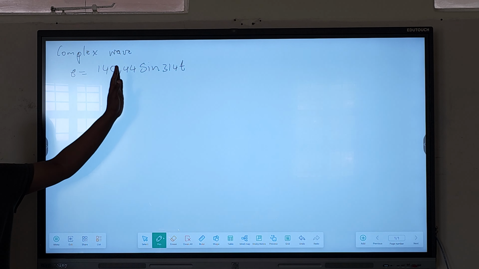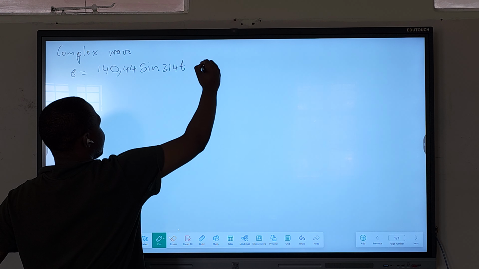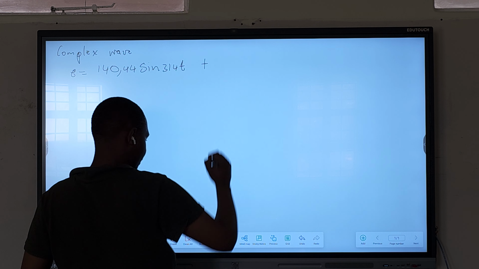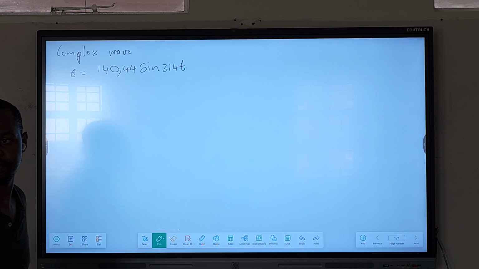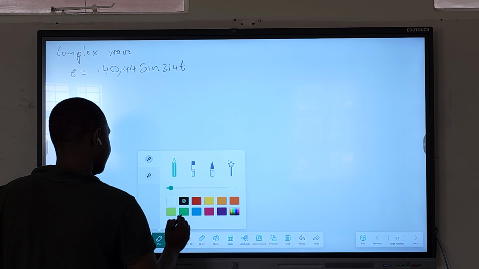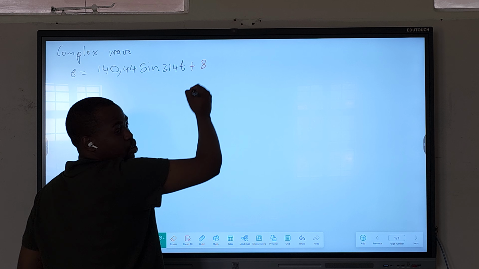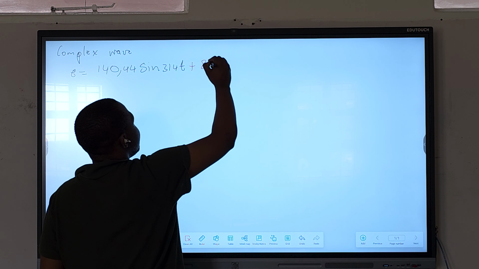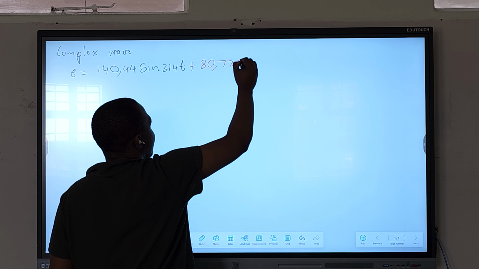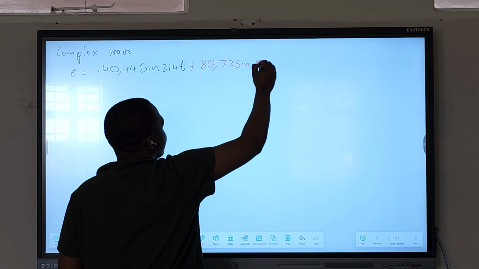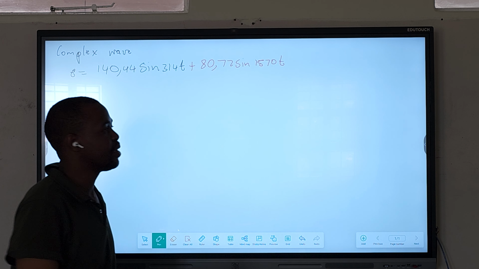Sorry, the second harmonic of this complex wave is 80,72 sine 1570t.